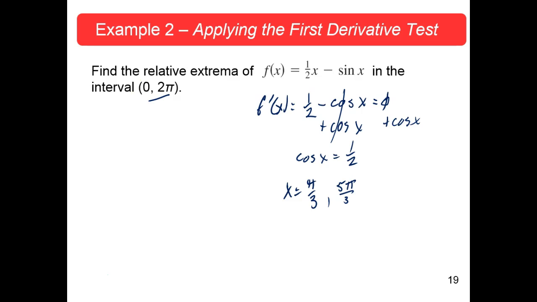Right. So let's set up our intervals. First interval will be 0 to pi thirds. Next interval will be from pi thirds to 5 pi thirds, and the last interval will be from 5 pi thirds to 2 pi.